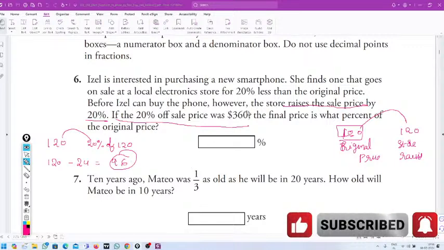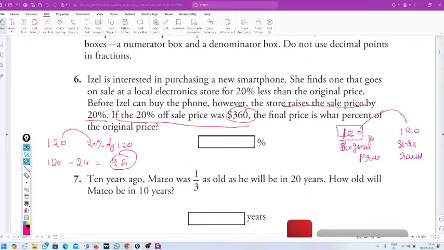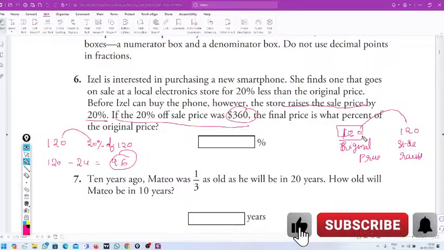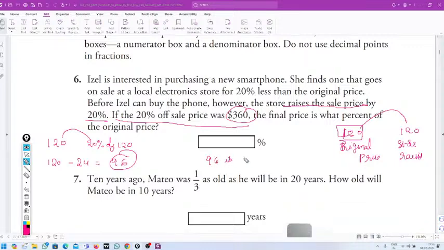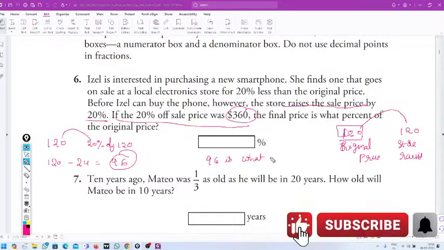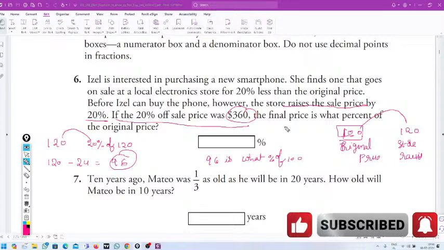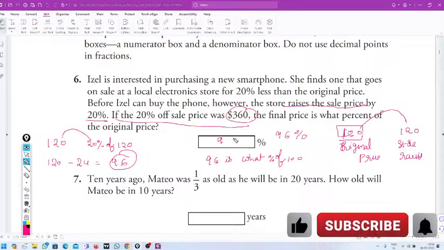If I take 100 as the base price, now it becomes 96. 96 is what percent of 100? It will be 96% only. So I can say directly the answer is 96.